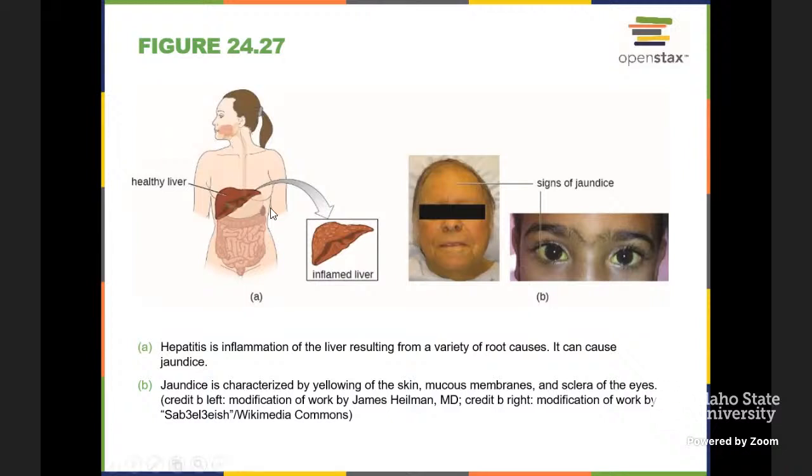Oftentimes, first recognition of issues might be jaundice. So yellowing of the skin or the sclera, characteristic of this. So your liver's producing bilirubin that should be getting broken down, helping for digestion, and it accumulates, and that leads to the jaundicing of the skin.